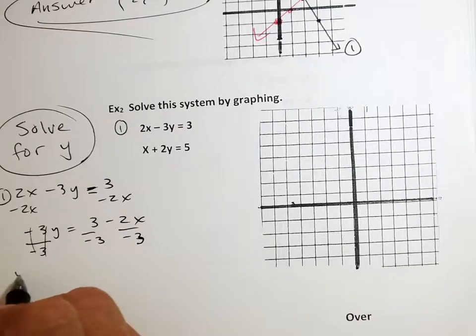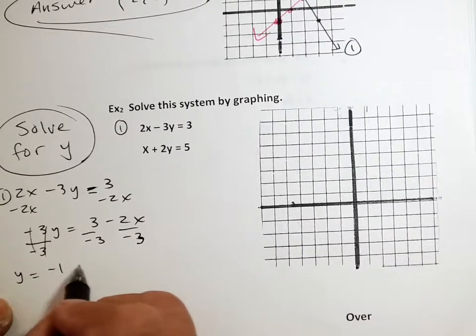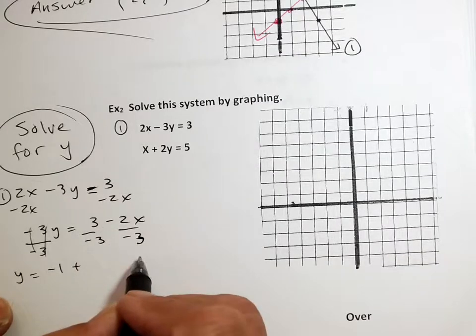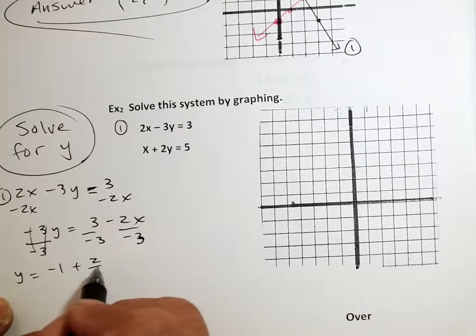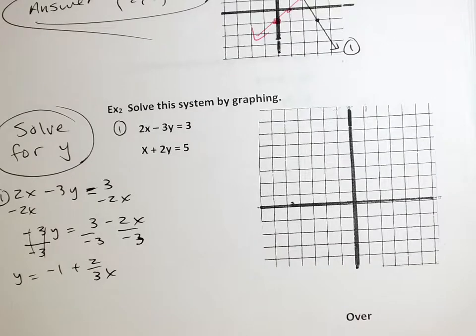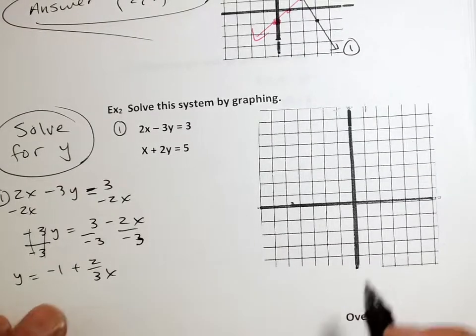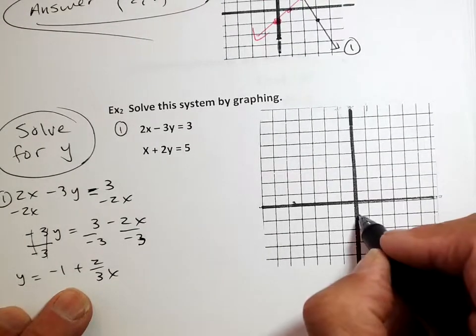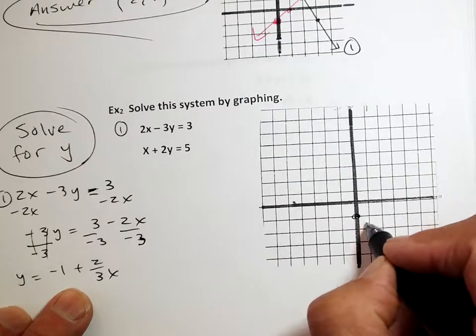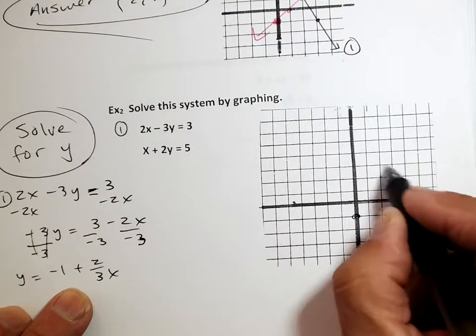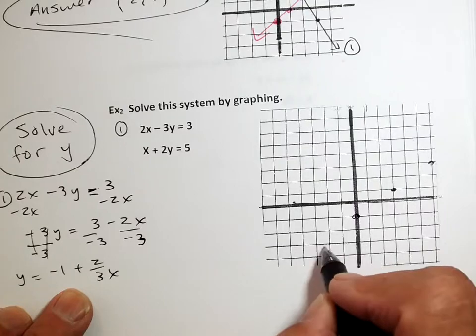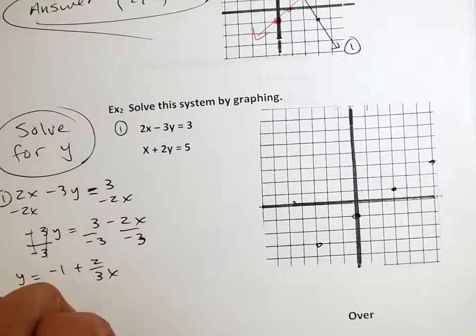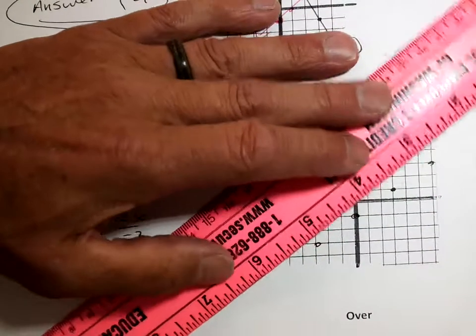We get y equals -1 plus, because negative divided by negative is positive, 2/3 x. Okay, I can graph that, right? So I'm going to start at -1, go up 2 over 3, up 2 over 3, and graph that line.